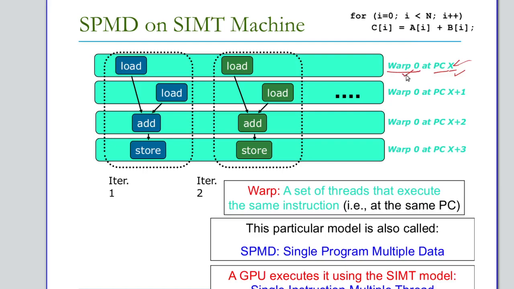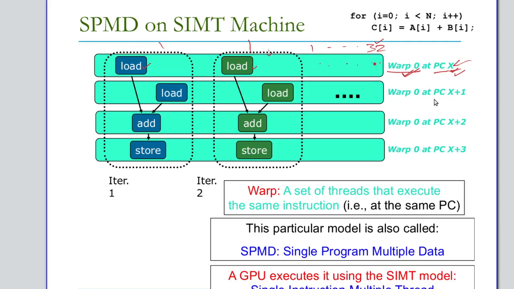Warp 0 is executing several threads, maybe 32 threads. The program counter has X, which means we will fetch one instruction, and this instruction may be a load operation. The instruction is the same for all the processing elements. If we have 32 processing elements in one warp, then all the threads have the same instruction, just the data is changing.